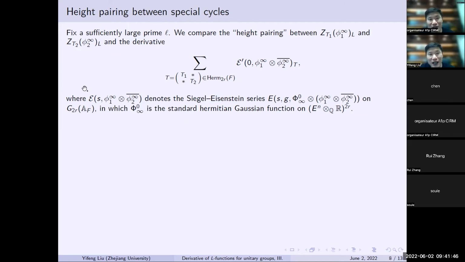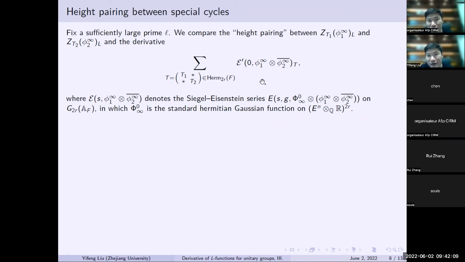I denote this curly E as this Eisenstein series, an automorphic form on G_2r, and then we have Ziegler Fourier coefficients indexed by T, which is a Hermitian matrix of rank 2r, right?